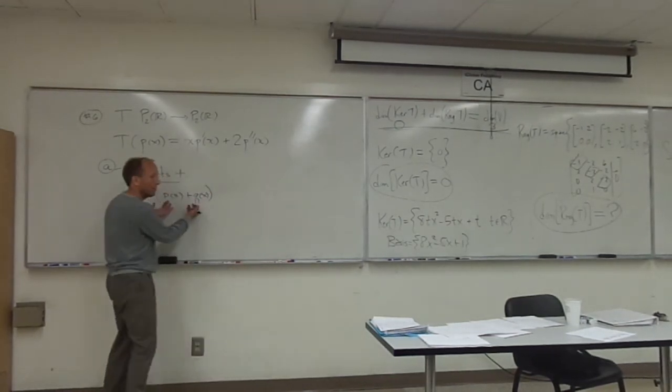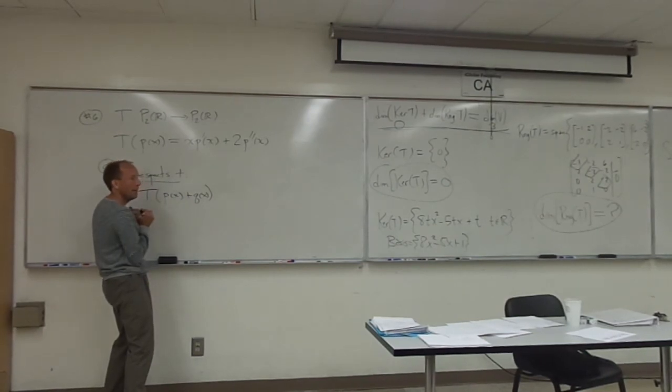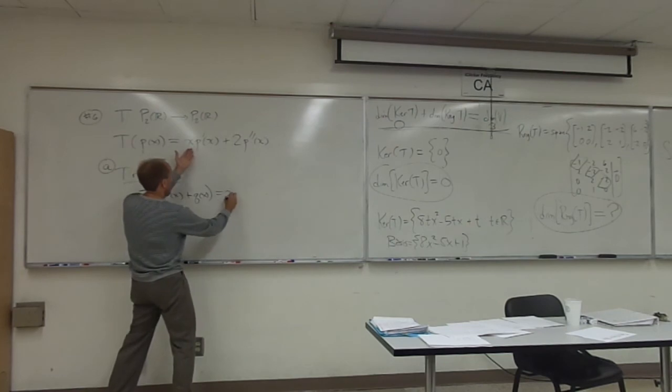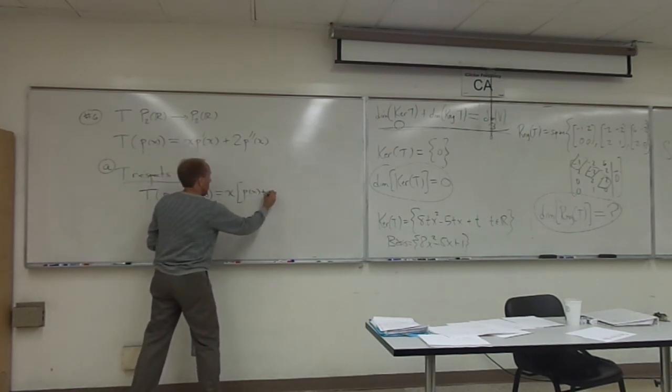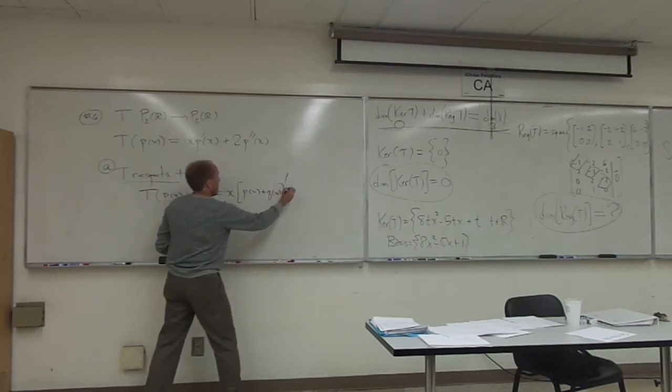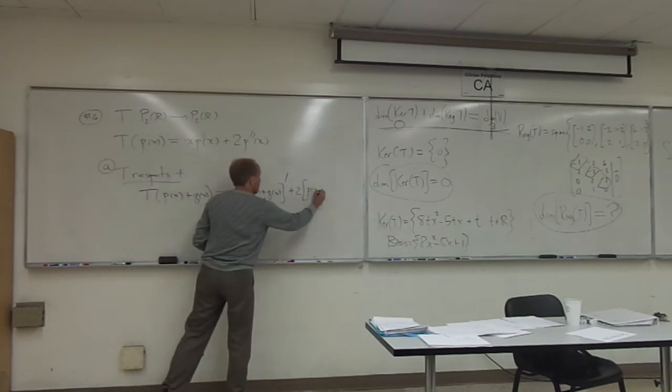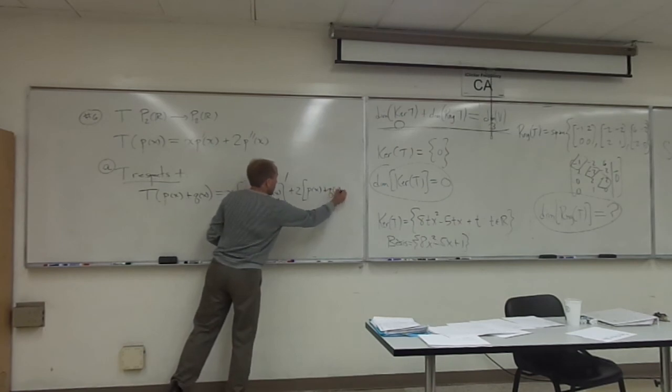Here, there's nothing else to really do. You just leave it as is, and you go straight to T of this expression. So the answer is x times the derivative of p of x plus q of x, plus 2 times the double derivative of p of x plus q of x.